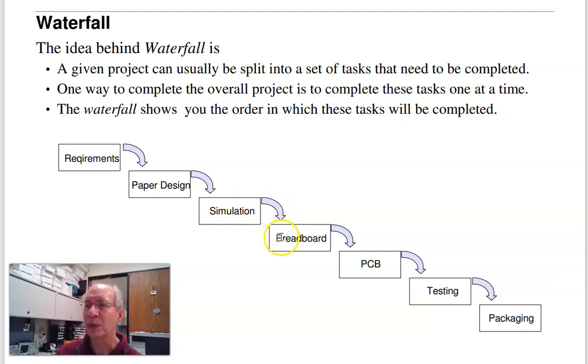When that's done, I build a breadboard, to make sure my design is correct. Once the breadboard works, I lay out a PCB, build and test the PCB, and then packaging. We don't actually do packaging in 401, but in 403, 405 you will. That's what a waterfall technique would look like for project management. That's actually what we do in 401.